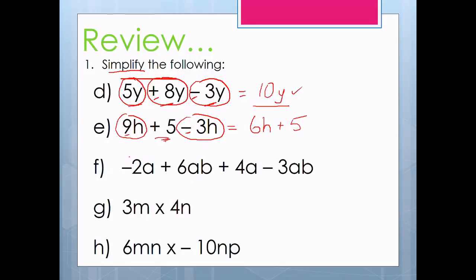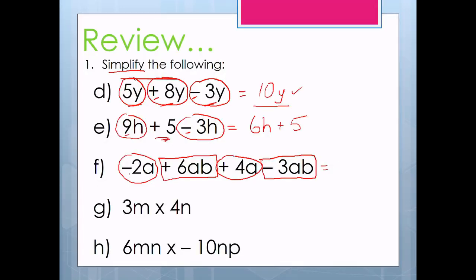Now you might have already guessed what part F is going to be. Again, I'm going to circle the like terms. But you might have actually identified that we also have these 2 terms in here as like terms. So for different pairs of like terms, I use circles, I use squares, and I use all sorts of shapes. But the same sort of rule applies.